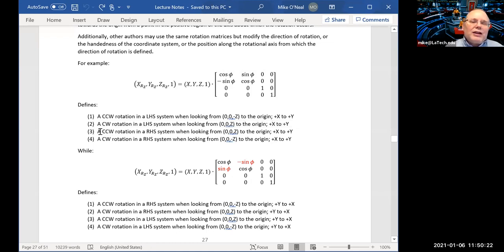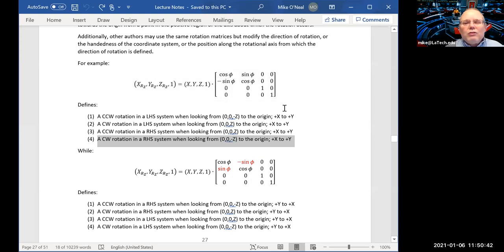If I flip to a right-handed system and look from positive z, that's going to be a counterclockwise rotation. But if I'm in negative z in a right-handed system, it's going to look like a clockwise rotation. So these are four different ways of saying the same thing.